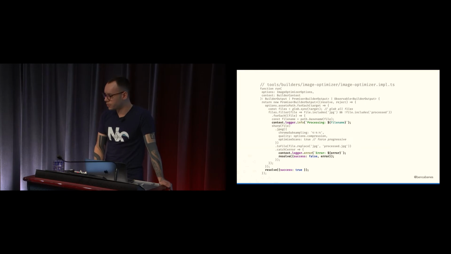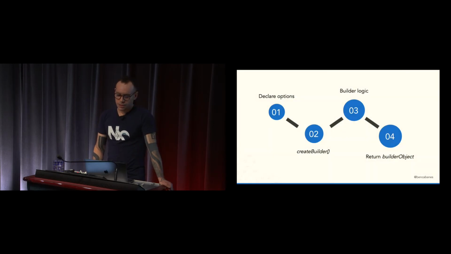If an error occurred, we let the user know by using the logger, context.logger.info, and we resolve immediately with a fail status and an error message. This is a minimal implementation, but complex or not, all builders will have the same structure: declaring the options, calling the createBuilder function, then implementing the builder's logic, finally resolving by passing the builder's return object.